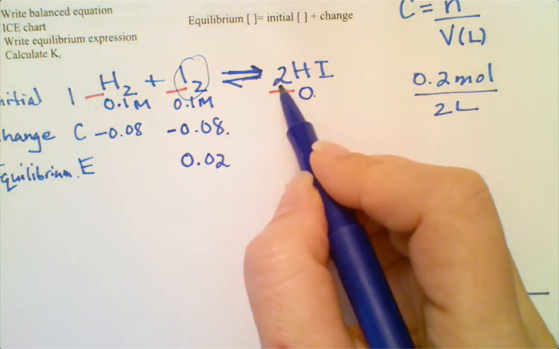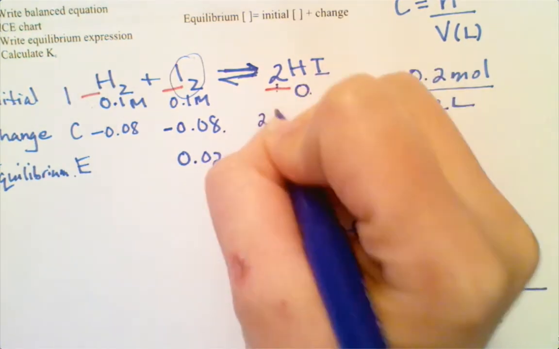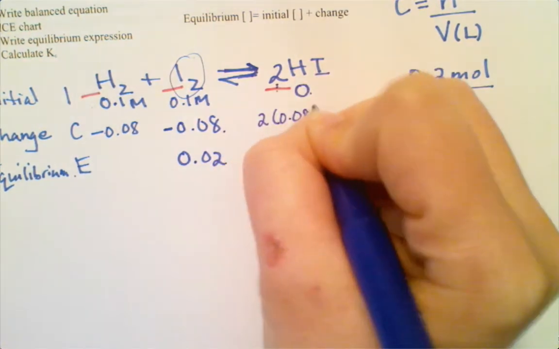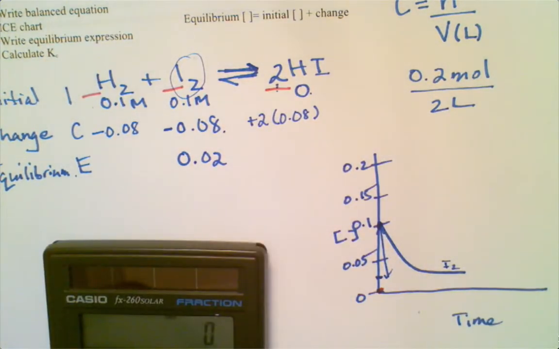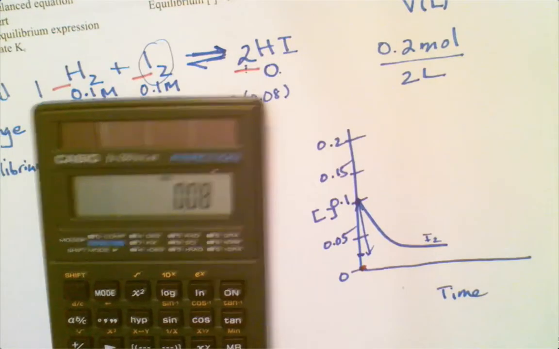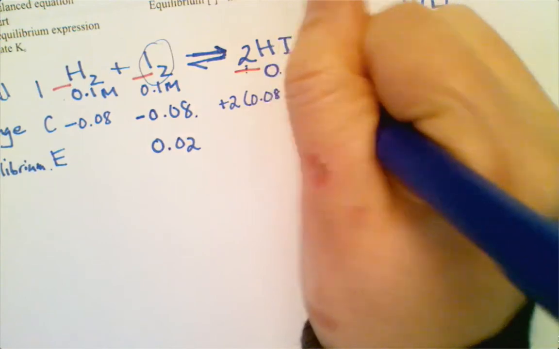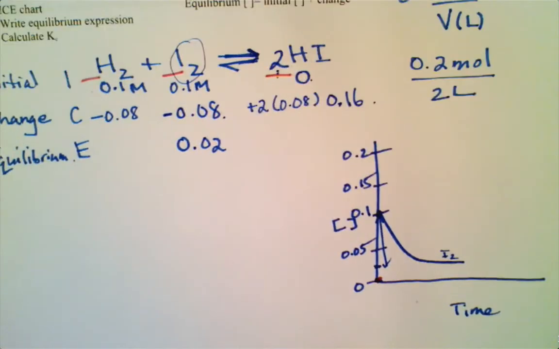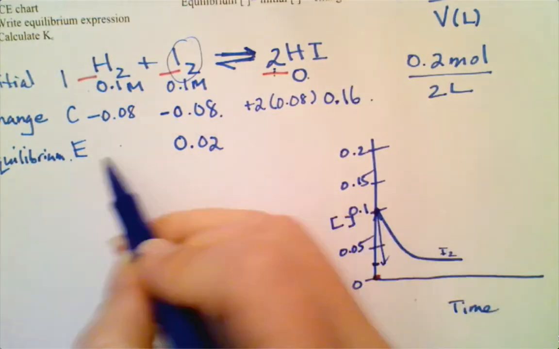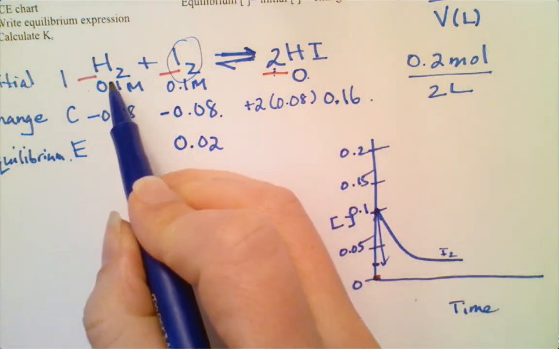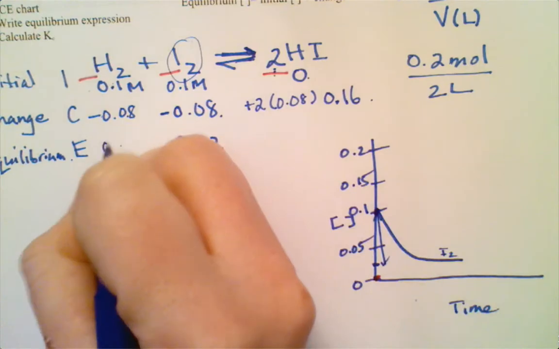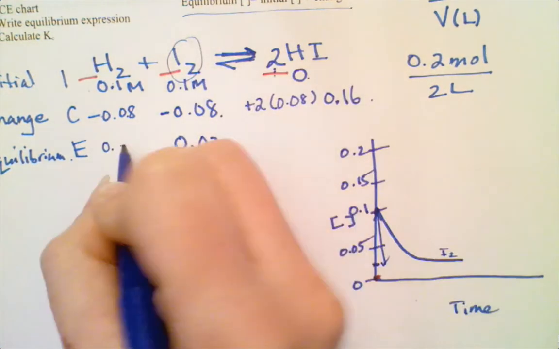So I do 2 times that value, and it's a positive change, because concentration is increasing, not decreasing. So when you put in 0.08 times 2, you get 0.16 moles per liter. Now again, to figure out your equilibrium concentrations, you just add your initial and your change columns together.